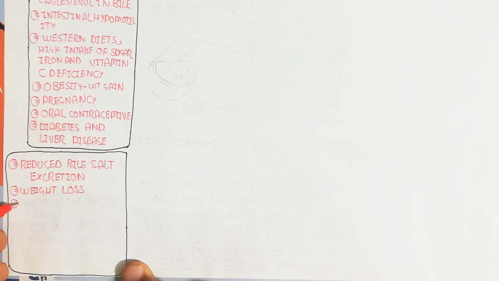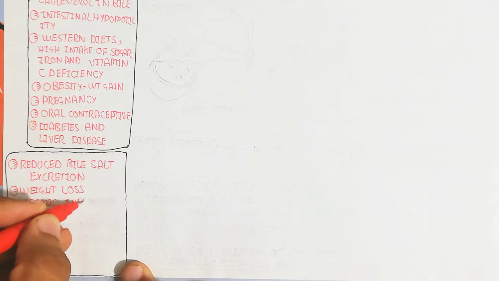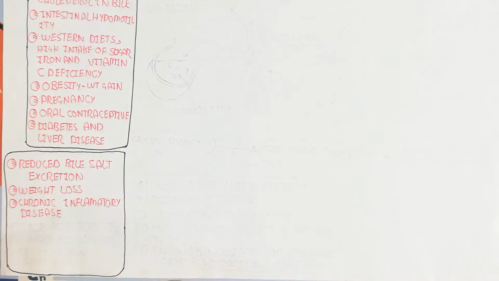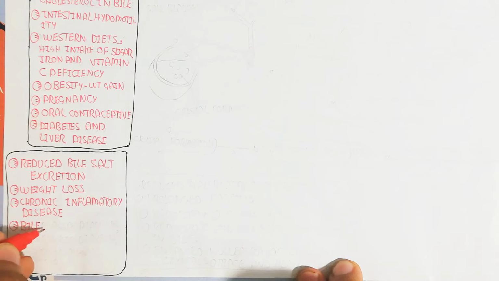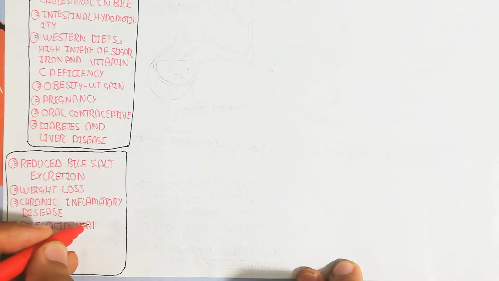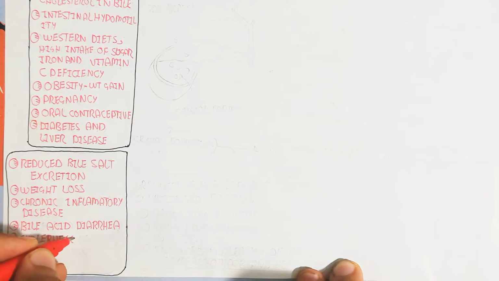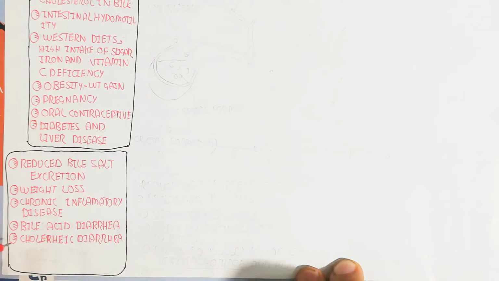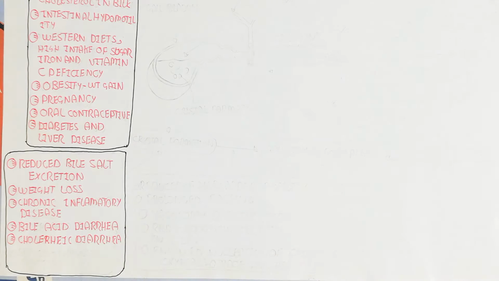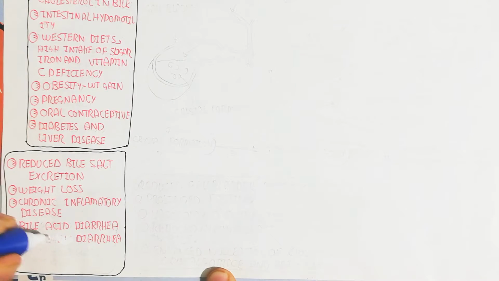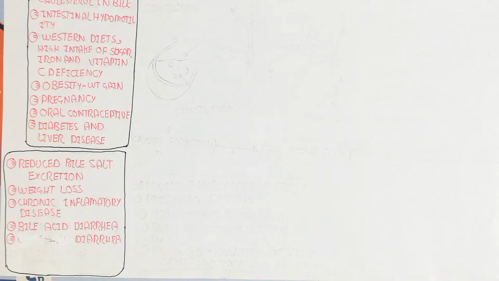So reduction of bile salt and bile acid excretion, weight loss, and on the other hand chronic inflammatory disease, bile acid diarrhea, chronic diarrhea, and environmental factors are also involved in the production of crystal formation. The environmental factor can be a metal or other ions.